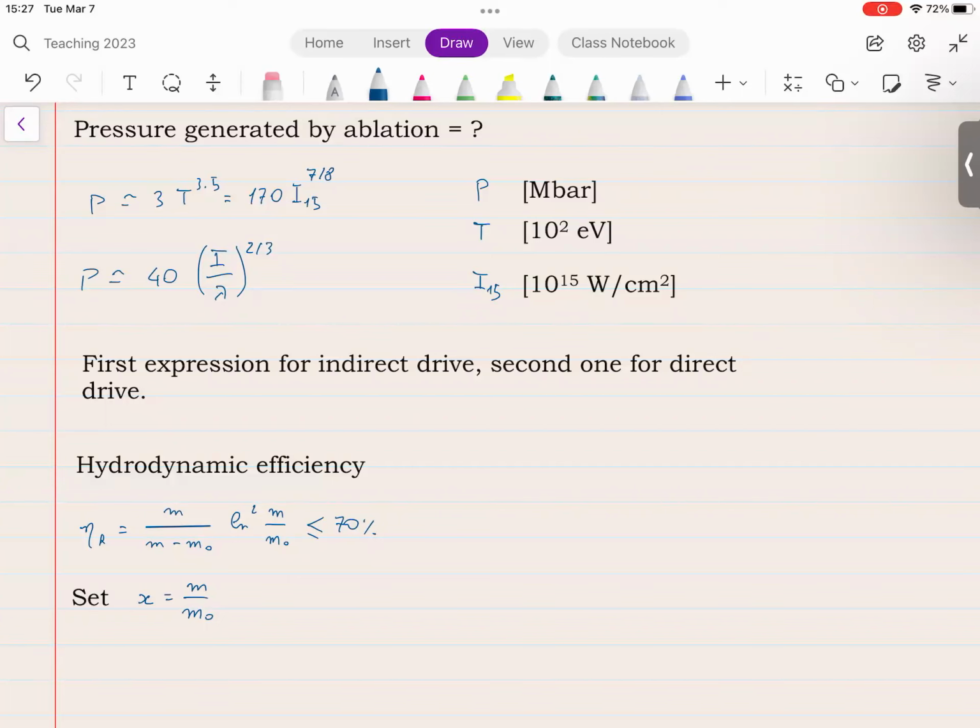And if you make that substitution, you'd find that the hydrodynamic efficiency is given by x log square x over 1 minus x. And you can plot this function and see that it has a maximum that is less than 1.